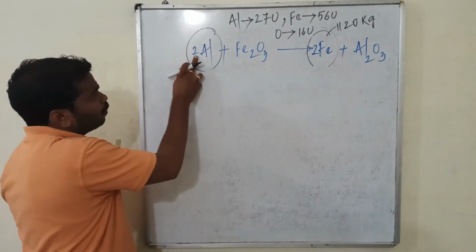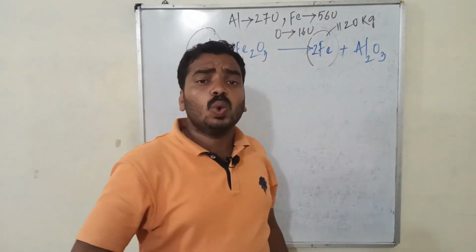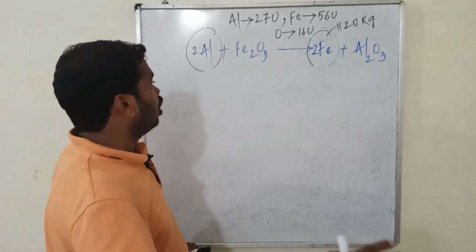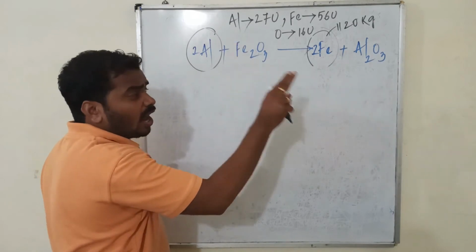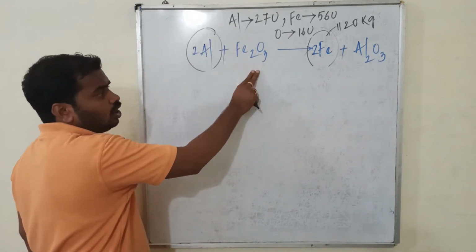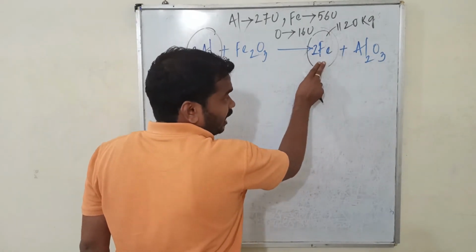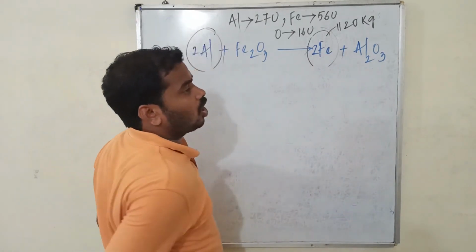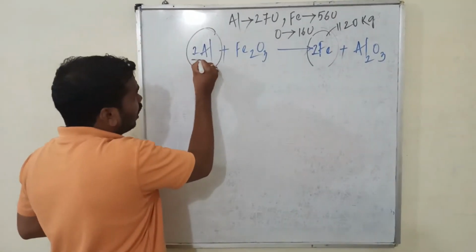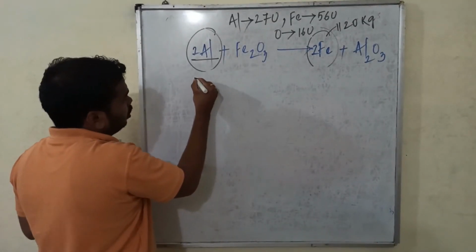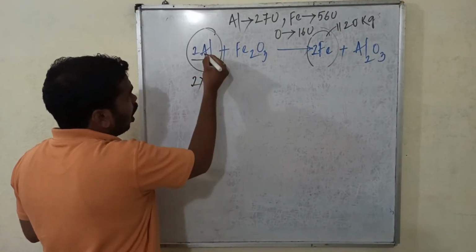Now let me write like this. Here if you are putting 2 aluminum, that indicates 2 aluminum atoms. Remember, 2 aluminum atoms are reacting with one Fe2O3 molecule to give 2 iron atoms along with aluminum oxide. 2 aluminum means 2 into how many units?